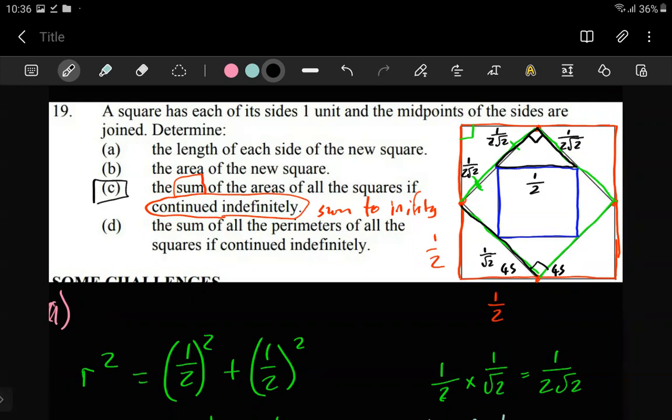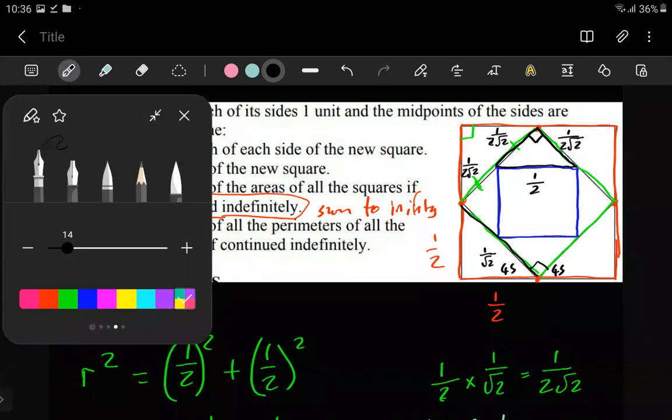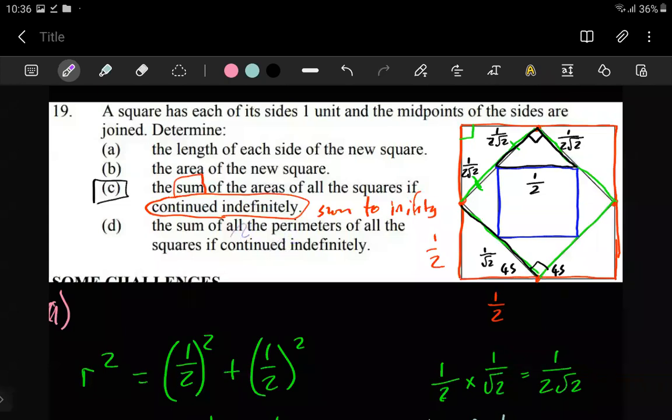Let's read that again. The sum of all the perimeters of all the squares if continued indefinitely. So again, the word indefinitely is giving us sum to infinity. But then also all the perimeters. So doesn't that mean you have to add?